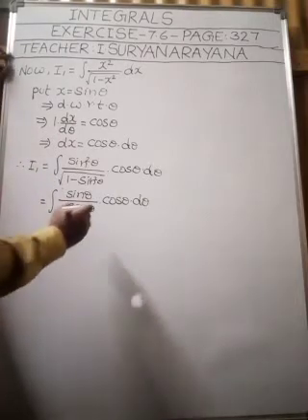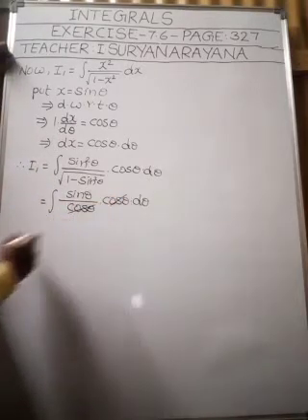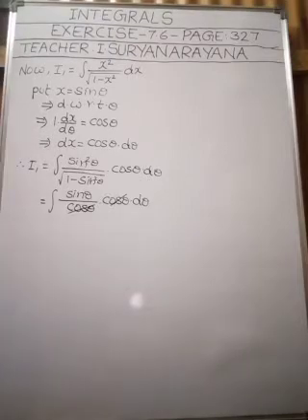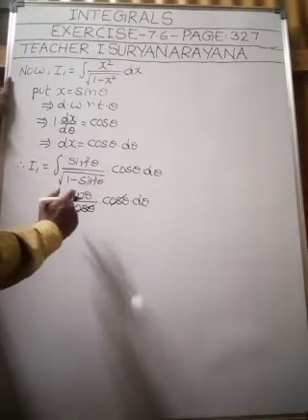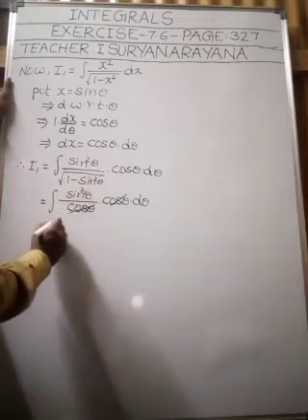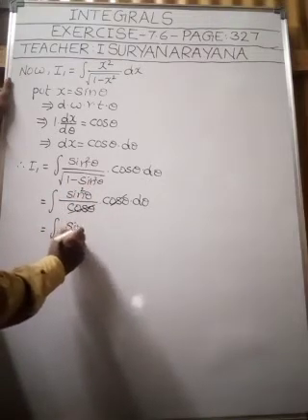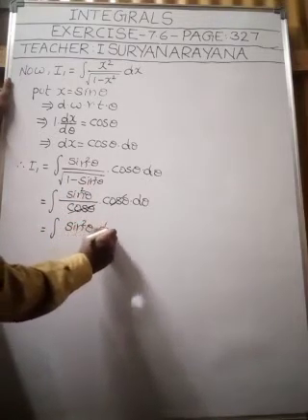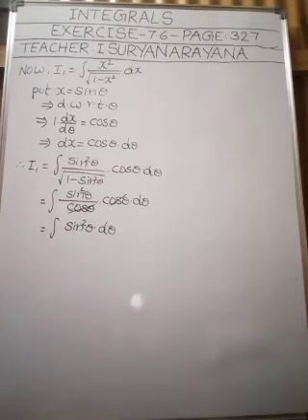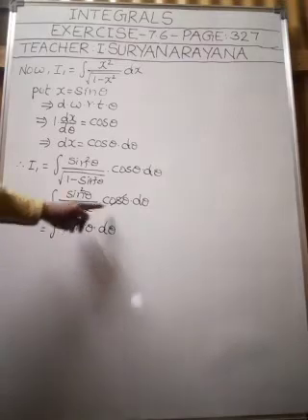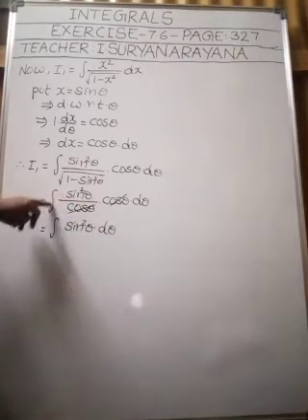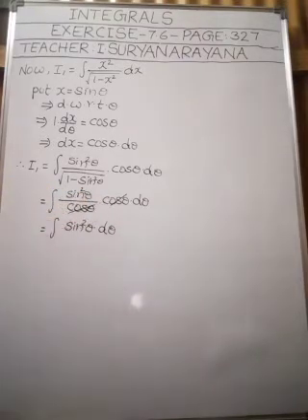Right. Now, strike out cos theta, cos theta. Then what will you get here? Integral sine square theta d theta. Okay, my children, after striking out these cos theta, we got integral sine square theta d theta.